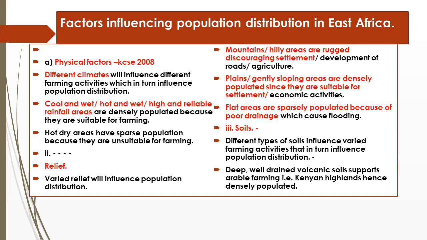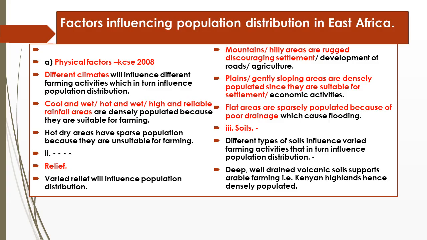East Africa has different climates, and those different climates will influence how population is distributed. For example, in places that receive high rainfall, especially areas around the highlands, you find that they are densely populated because those places provide suitable conditions for farming, and that one attracts population.